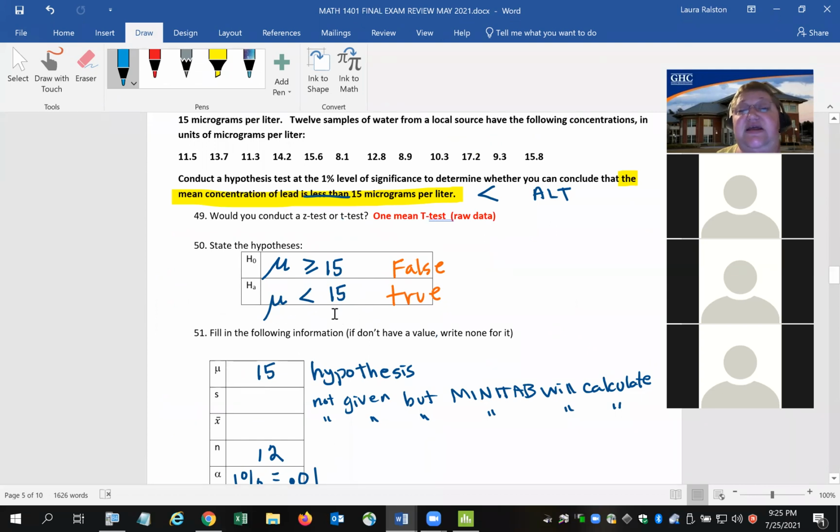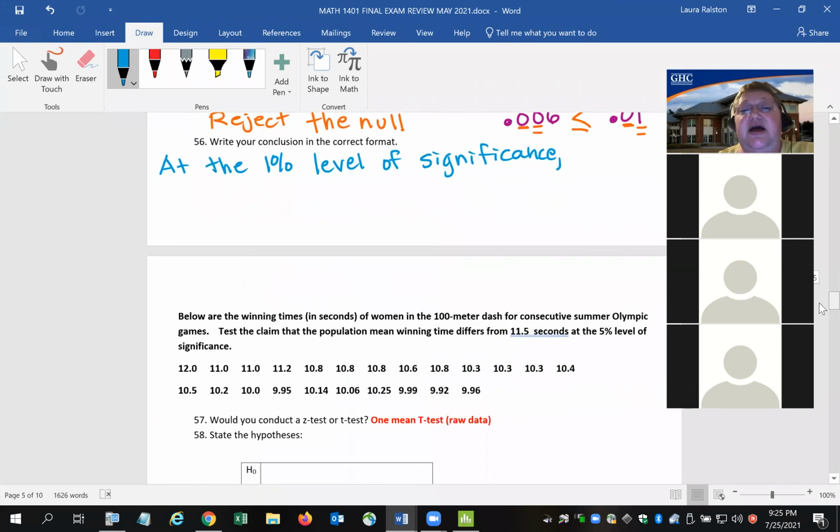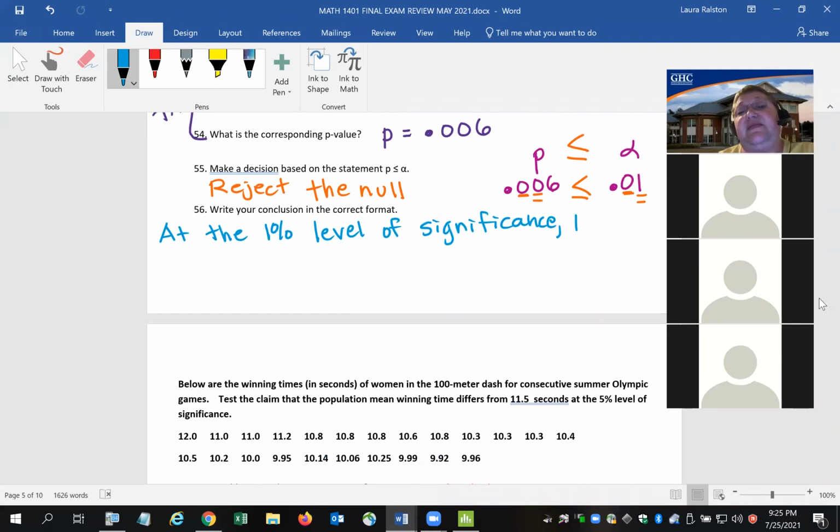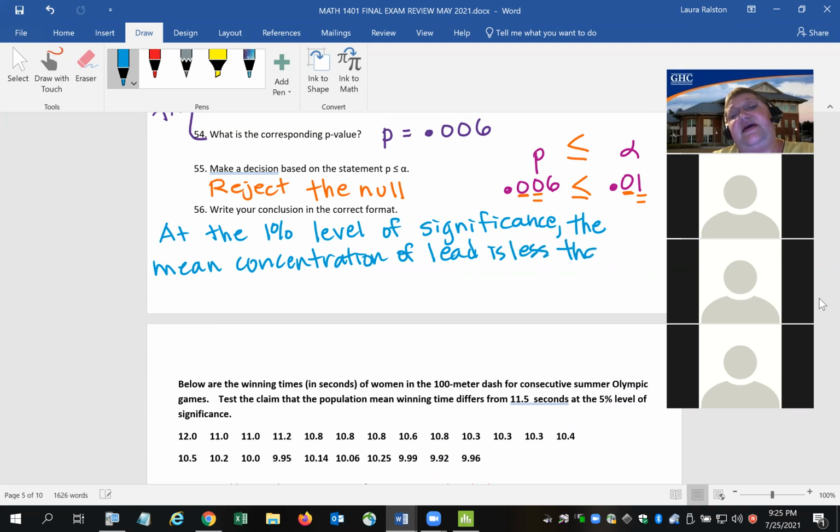The one that was true is that it is less than, so I can basically use the sentence that I have highlighted in yellow. The mean concentration of lead is less than 15 micrograms per liter.